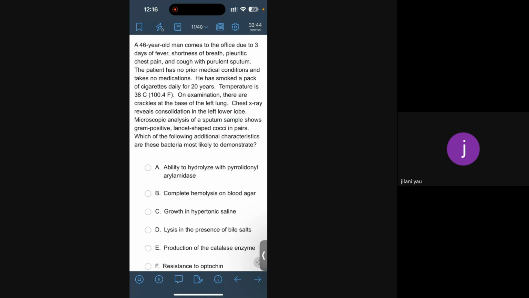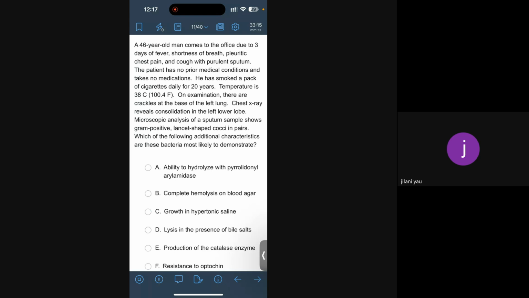Let's move on to the next one. Which of the following additional characteristics are these bacteria most likely to demonstrate? A 46-year-old man comes to the office due to 3 days of fever, shortness of breath, pleuritic chest pain, and cough with purulent sputum.